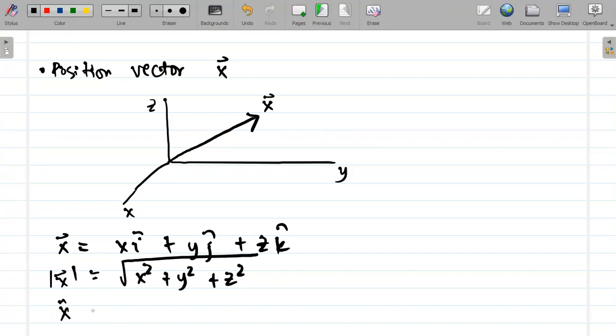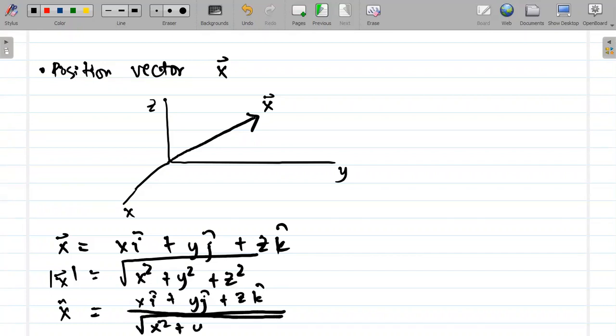Now, class, ano naman yung direct unit vector along x? So, let's call that x hat. So, ang unit vector ng x is the vector over its magnitude. So, that is xi hat plus yj hat plus zk hat over square root of x squared plus y squared plus z squared.